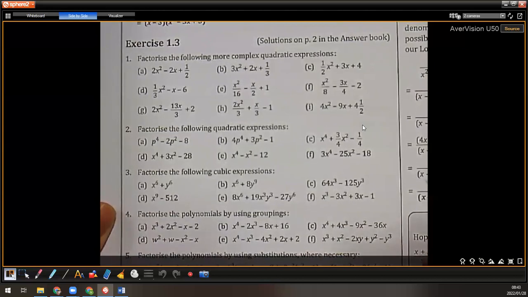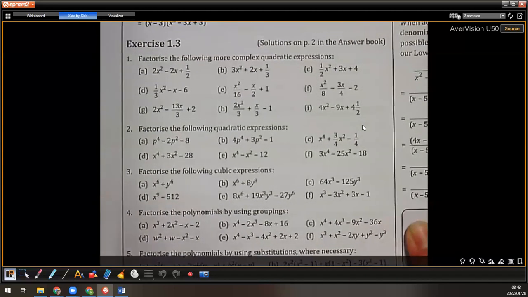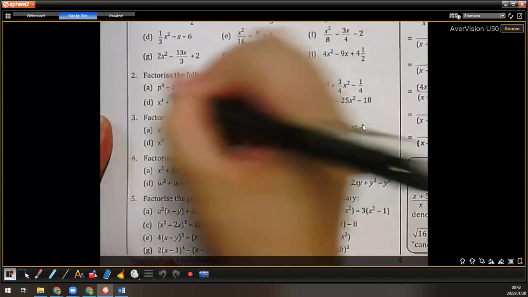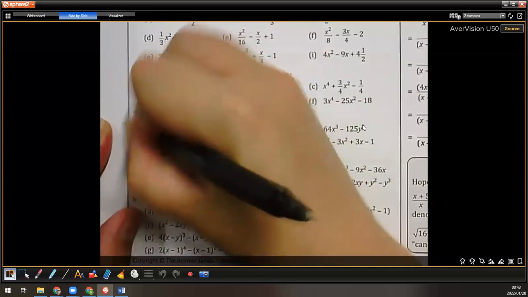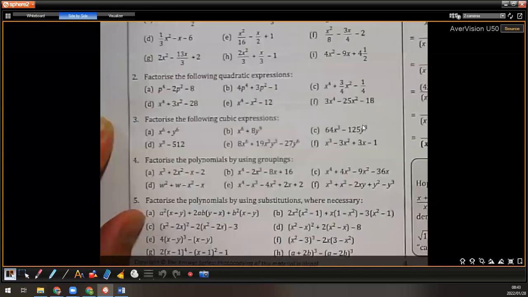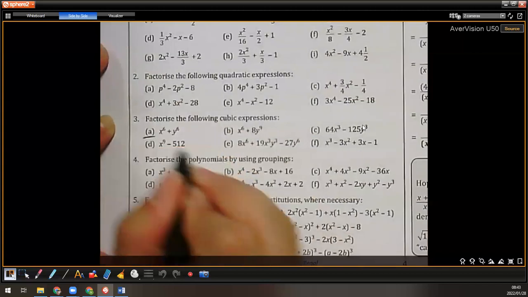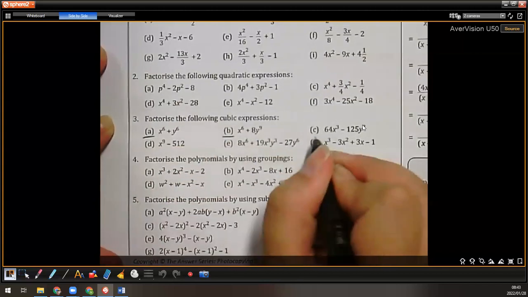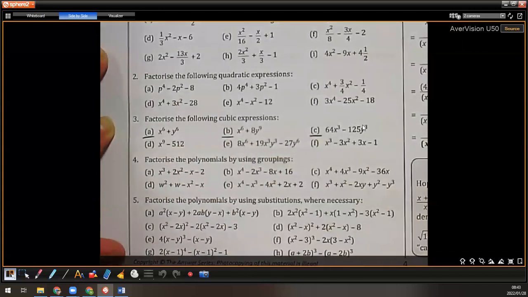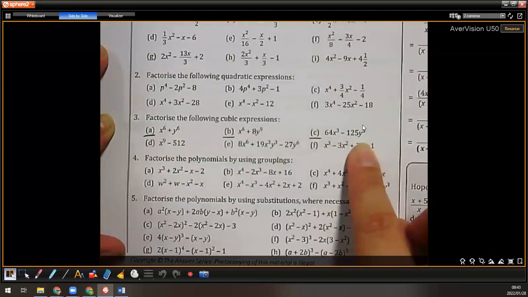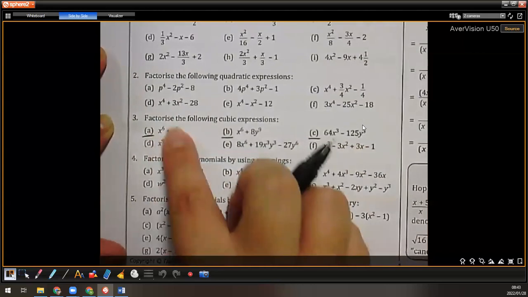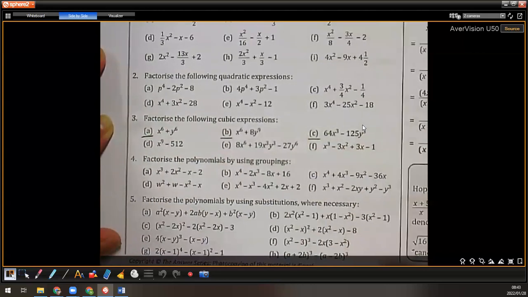I would like you to do, if you have time this weekend, number 3, 3A, 3B, 3C. If you get time, you can practice those three. They are some differences of cubes. So it would be a good idea to try and find some time just to practice those three.